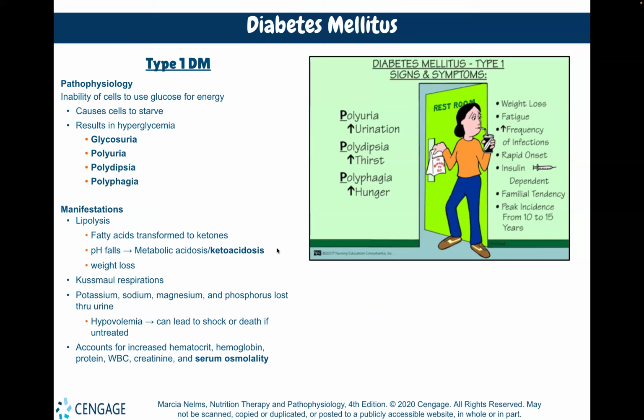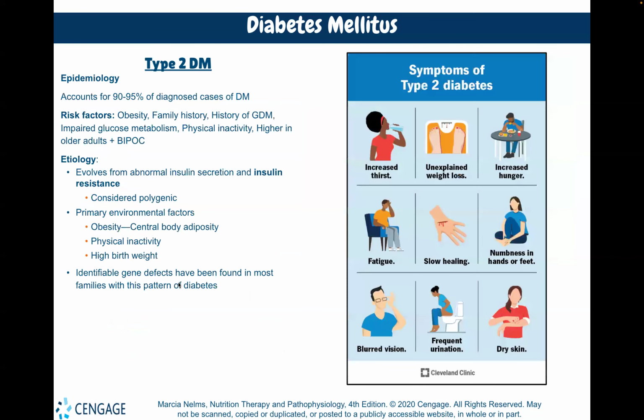This leads to major disruptions in our electrolytes, hypovolemia. It can cause issues with the renal function. It can cause fluid and electrolyte imbalances, acid-base imbalances, and ultimately these Kussmaul respirations, meaning that people can have a hard time breathing.